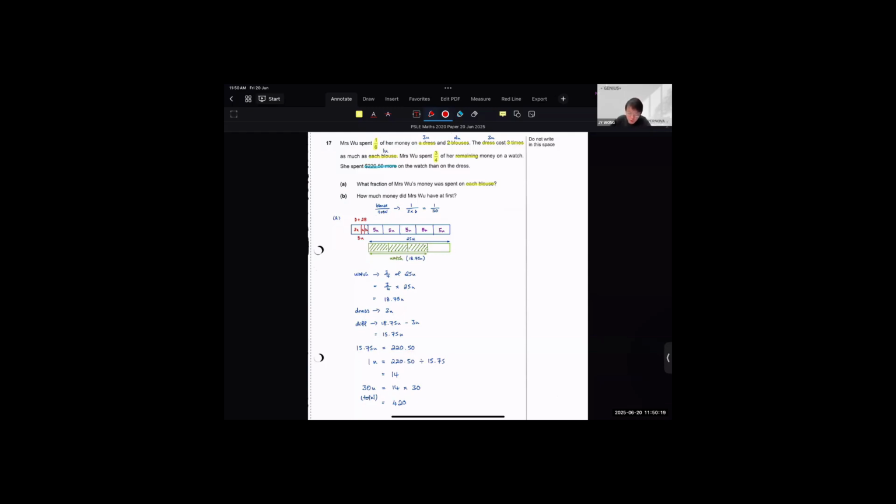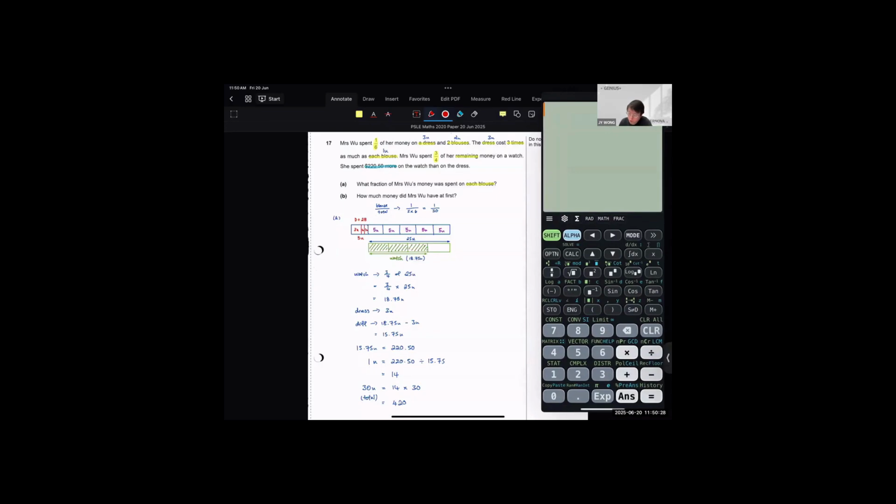Then you must know that your dress will become, the 3 units will need to multiply by 4. So it will become 12 units. So if we do it the other way, 75 units minus 12 units, you'll get 63 units. 220.5 divided by 63, you will get 3.5. Your number of units now is no longer the same, because you have to multiply by 4 to the top part. Your 30 units times 4 will become 120 units. So you will take 3.5 times 120 to give you back 420.